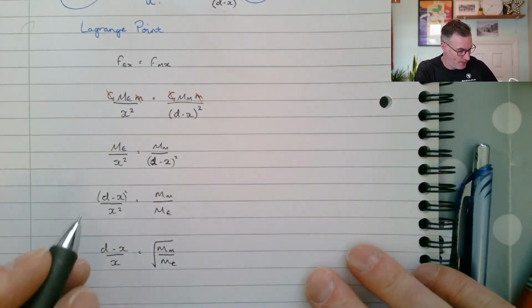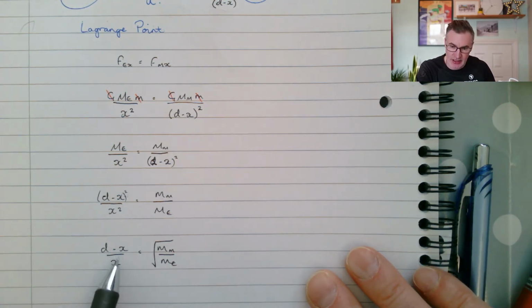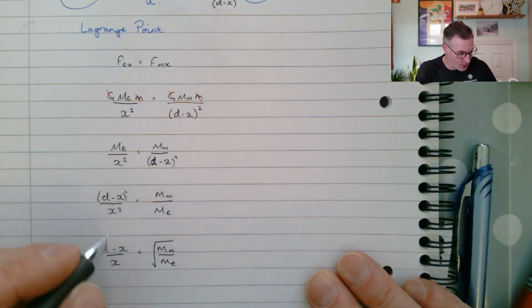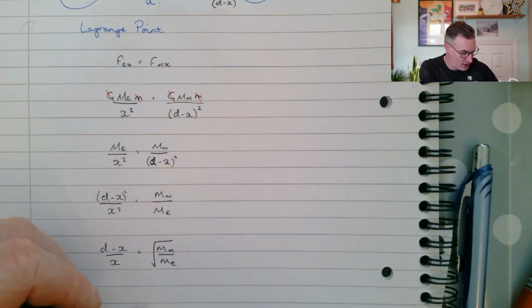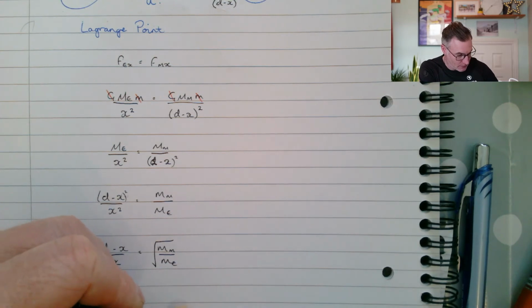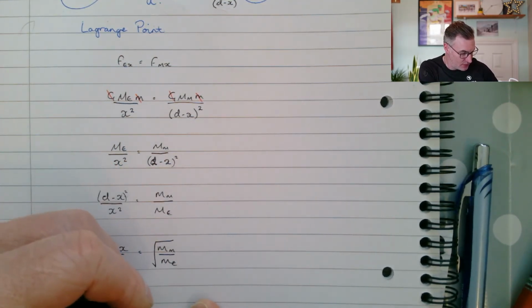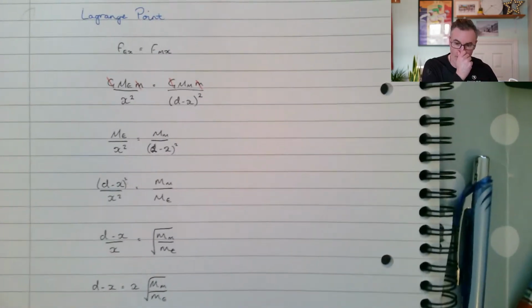Now, we have d known, these two known, so we're trying to get x on its own. The thing to do would be to cross multiply again, so d minus x is equal to x times this, so the M_Moon over M_E term, running in there.